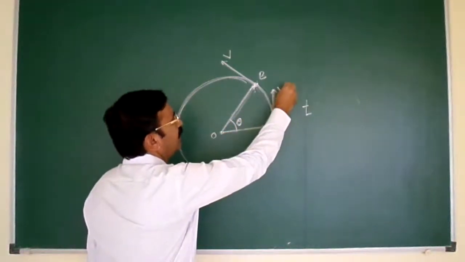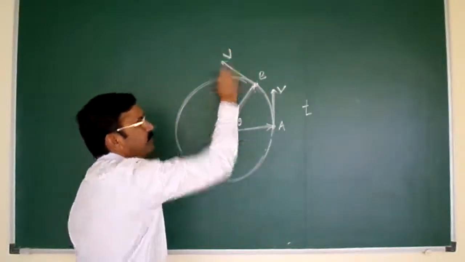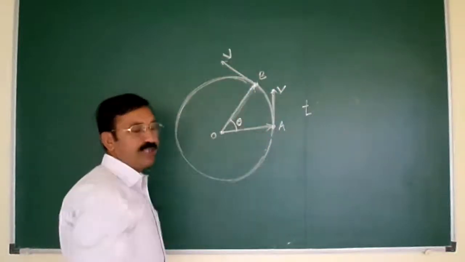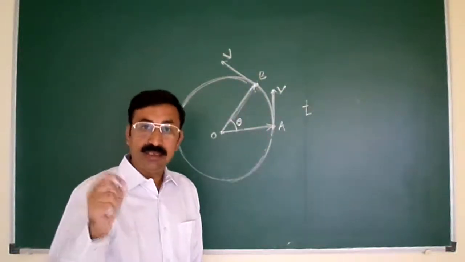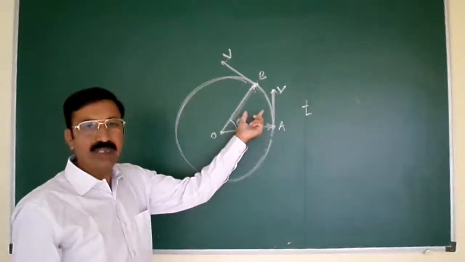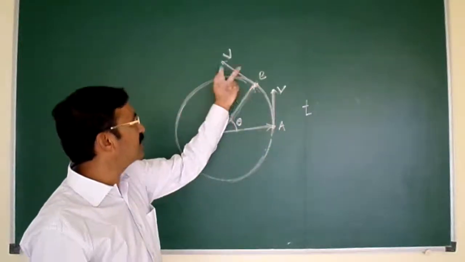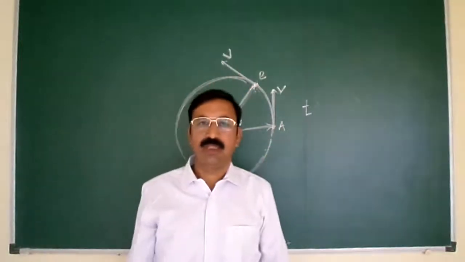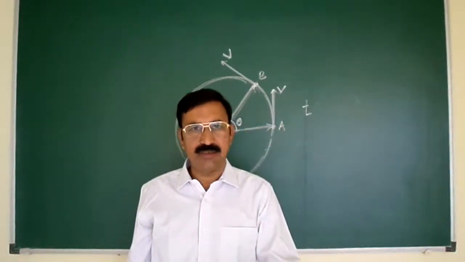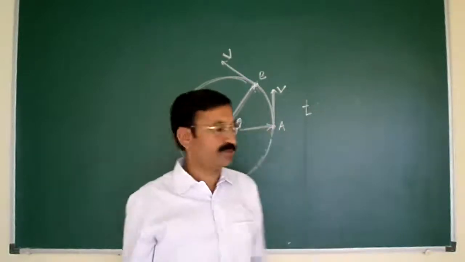If the magnitude of the velocity v remains the same, but the direction of the velocity changes, then the motion has an acceleration, because the velocity is changing. When velocity changes in a given time period, it constitutes an acceleration.